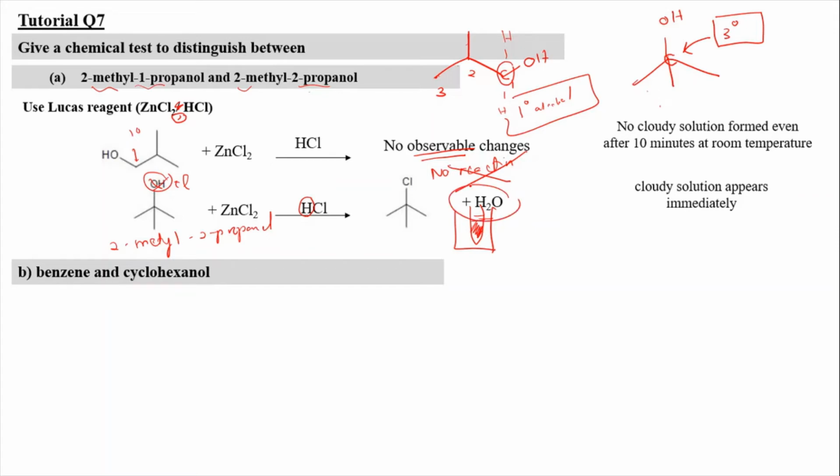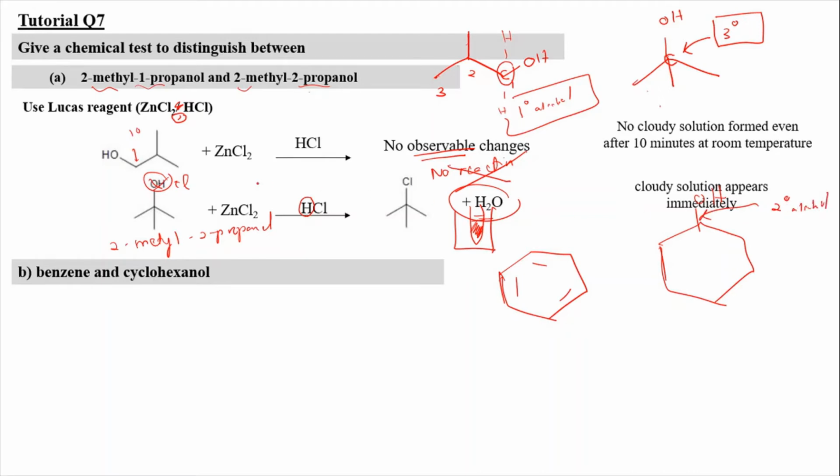Similar case for B, which is benzene and cyclohexanol. Here is benzene, and cyclohexanol is going to be something like this. Here it is not an alcohol, it is a benzene, but here is a secondary alcohol.